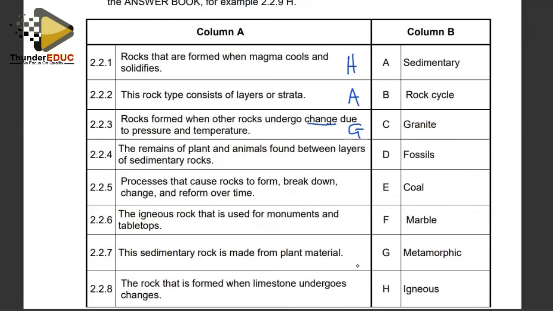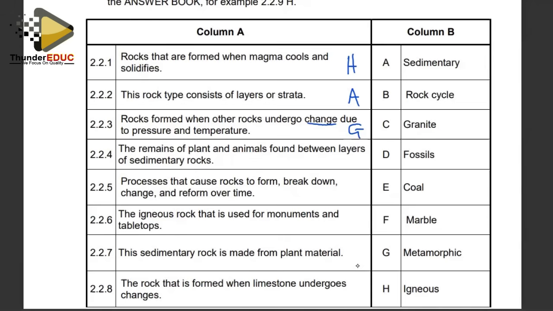Only remember metamorphosis and you will remember that rocks which change their form are metamorphic.